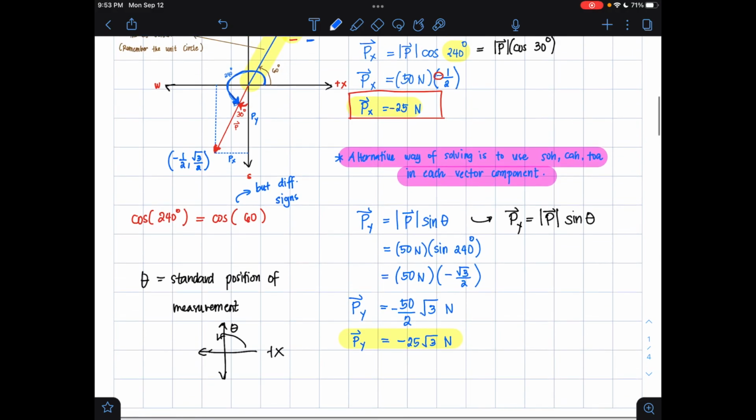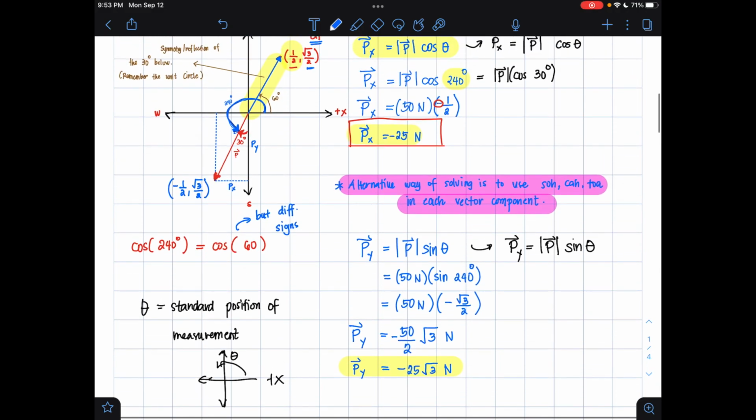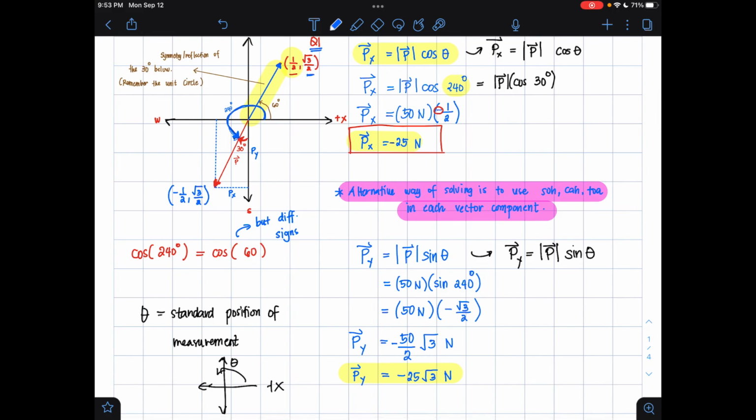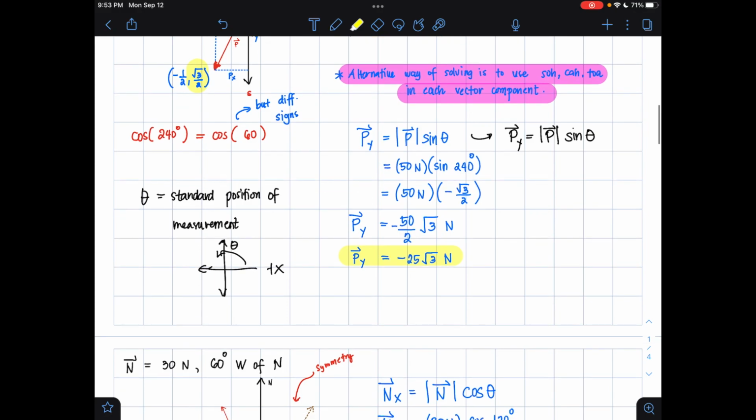In this case, the sine of 240 is just equal to the value of the sine of 60, and the sine is on the y component, so this one here is the value of your sine angle, which is square root of 3 over 2, as you can see here.